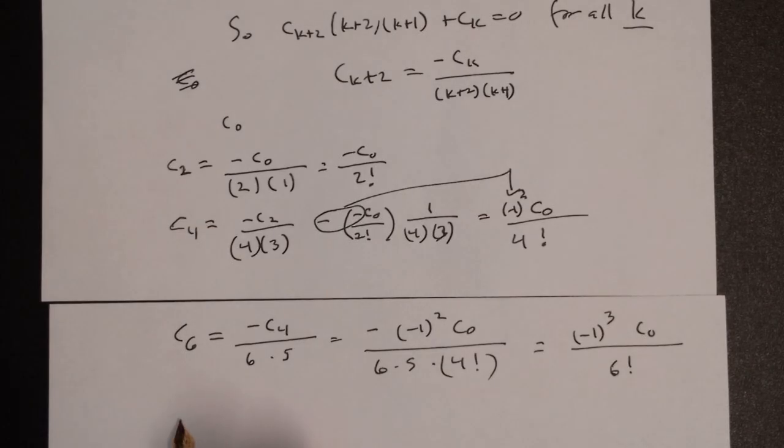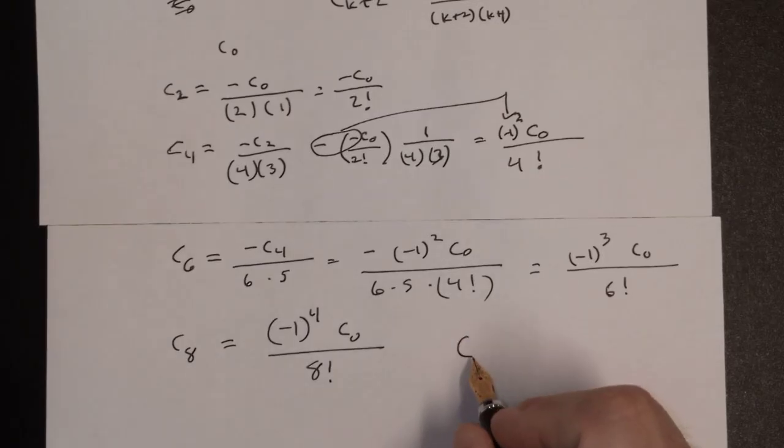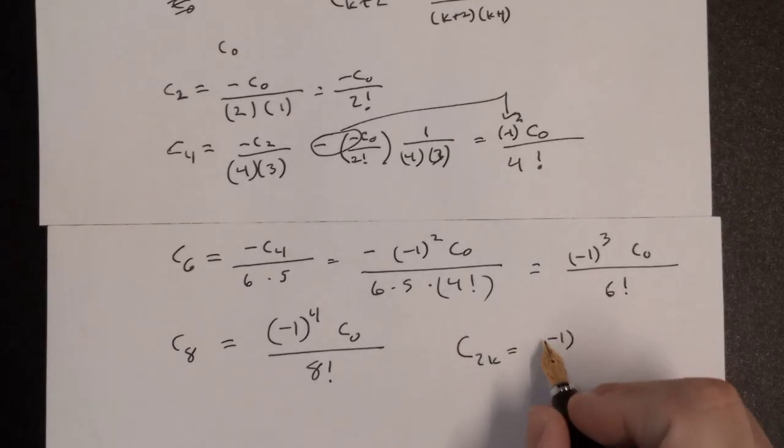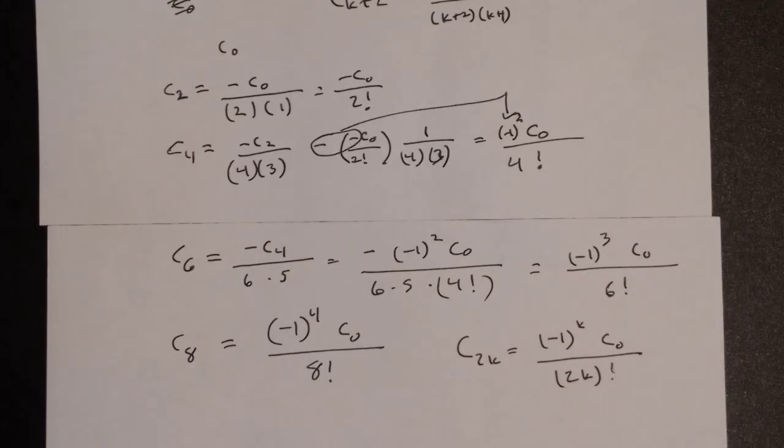When I do C8 with a little bit of work, I'm going to get that. As a matter of fact, C_{2k} is (-1) to the k times C0 over (2k) factorial.